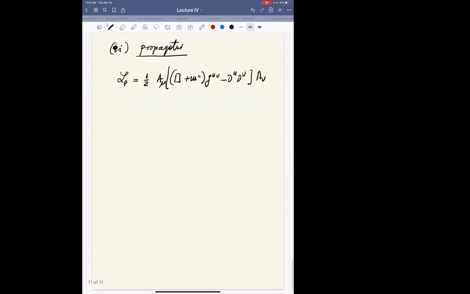This becomes 1/2 epsilon_mu [minus p squared plus m squared g mu nu plus p mu p nu] epsilon_nu in momentum space. And this is your homework.